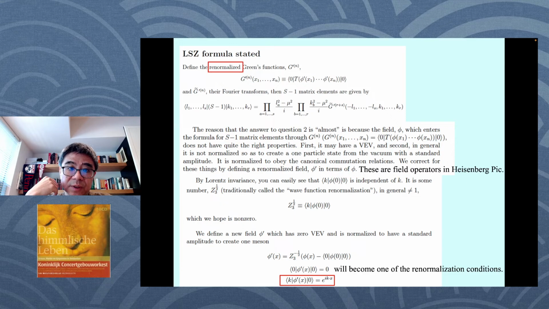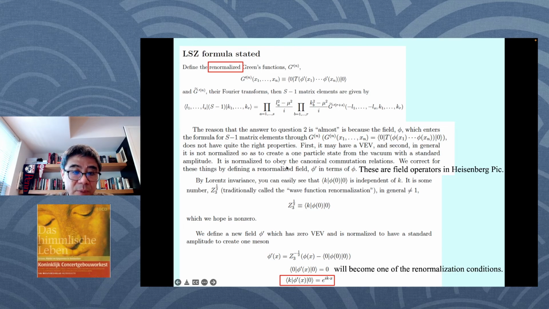We didn't change the physics because we multiply all the phi, and the result will be simple because you just can take out the Z from your formula.